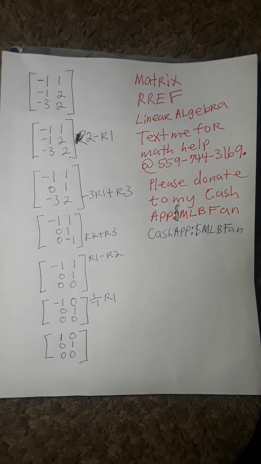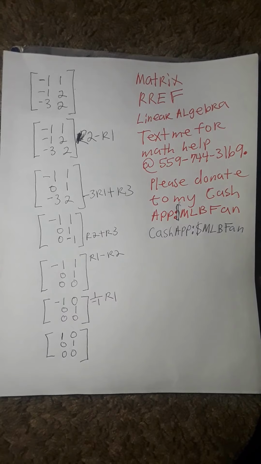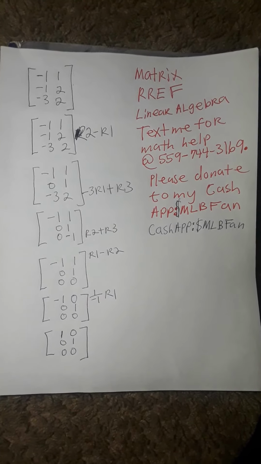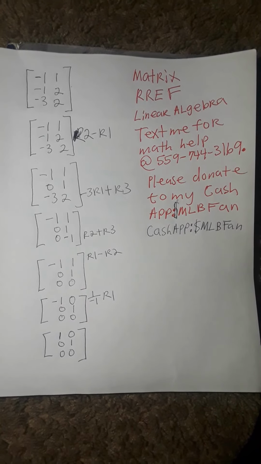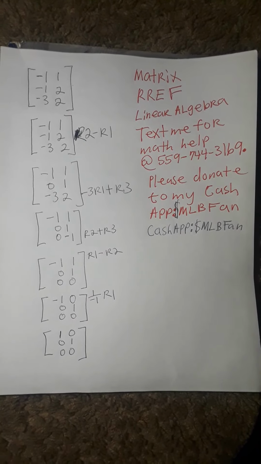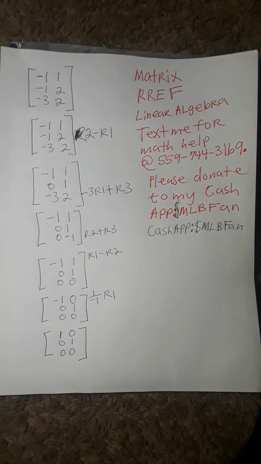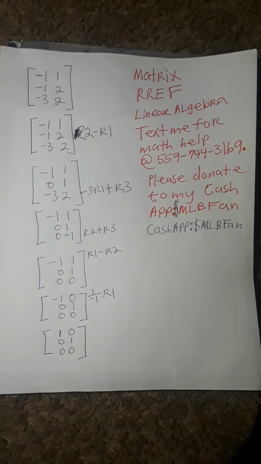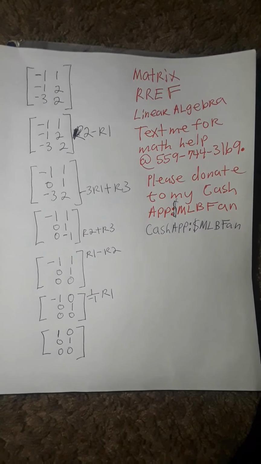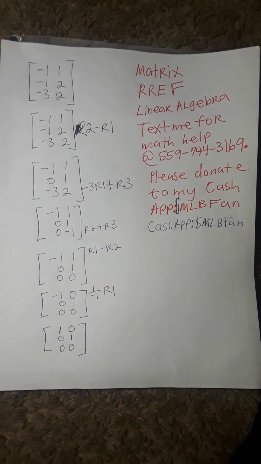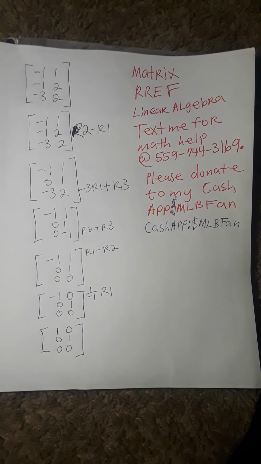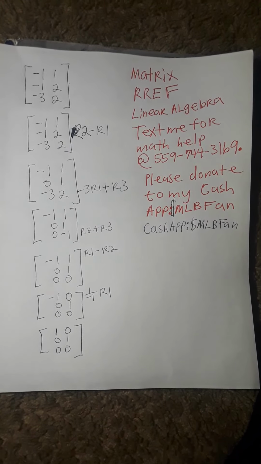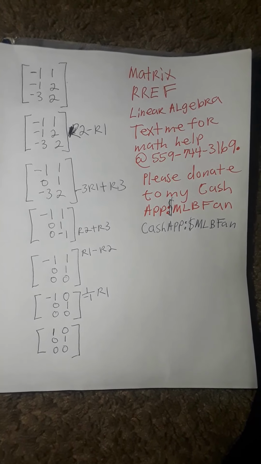Now we want to look at row 1 and row 3. Now we need to get a 0 at the beginning of row 3. Now we need to multiply row 1 by -3 and then add it to row 3.